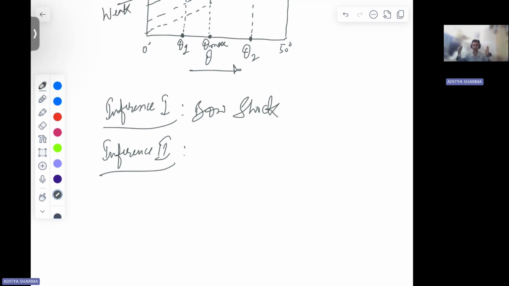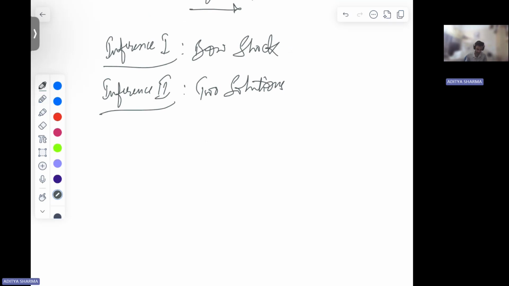So we lower down the back pressure, and this has to do with the stronger oblique shock. So this is about the two solutions of the theta-beta-M relation.